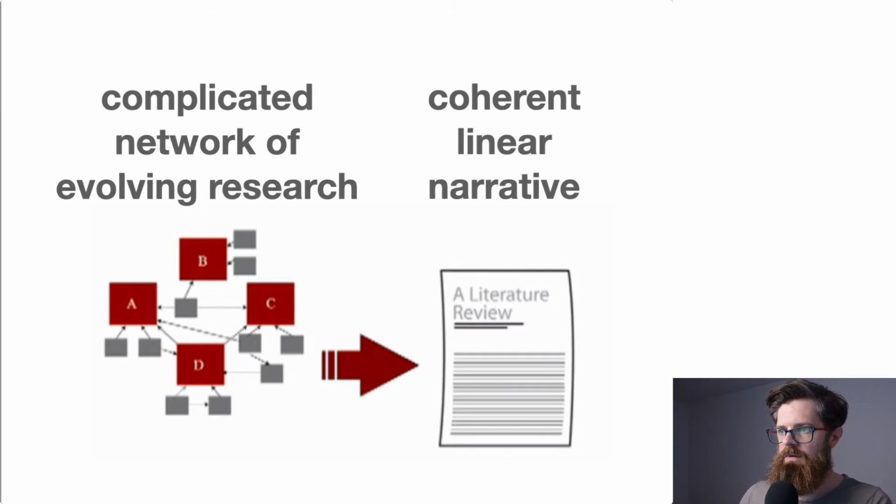So if we think about that for a moment, it can become quite obvious that there is no one correct way of doing this. There is no single correct literature review that would come out the end of this process for a given topic. There are many, many equally valid and equally good literature reviews which could come out of doing a literature review on any given topic.